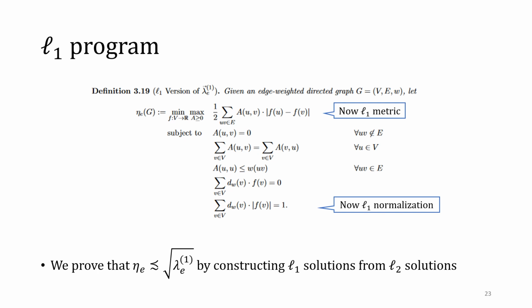The differences are only in the objective, where the squared L2 norm now becomes an L1 norm, and also the normalization becomes an L1 normalization. We can prove that there's a square root loss between these two quantities, by constructing L1 solutions from L2 solutions.